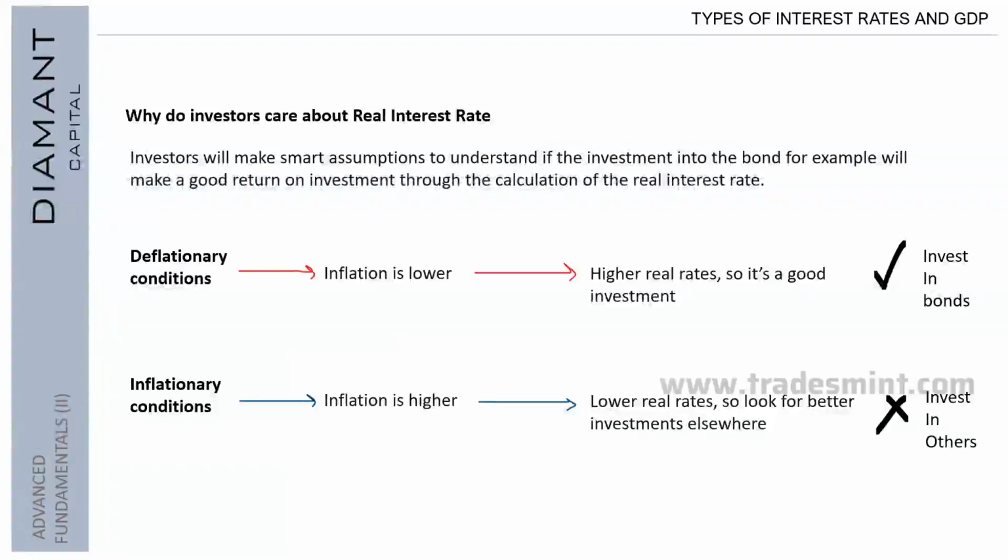So why do investors care about the real interest rate? Investors will make smart assumptions through the calculation of the real interest rate, to understand if the investment in the bond is actually worth it, and if it will make a good return on investment. Now let's look at the two different conditions where you would consider buying that bond. In a deflationary condition, inflation is a lot lower, therefore real rates are higher, so it's a good investment.